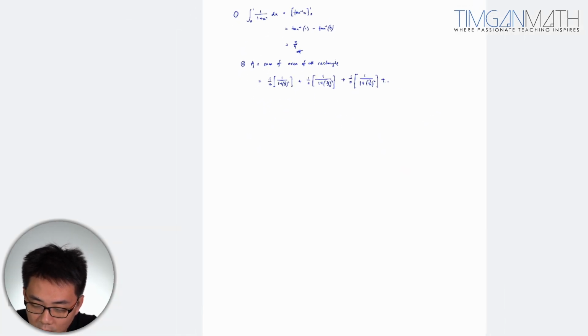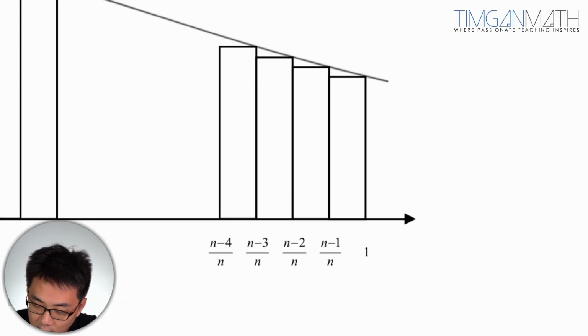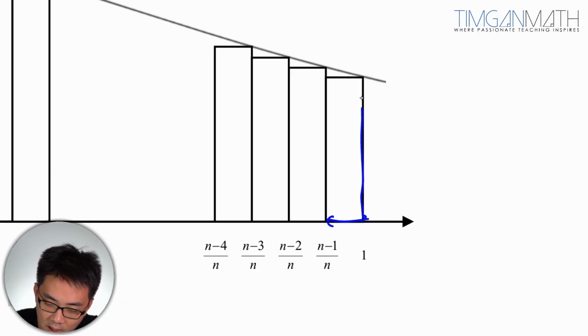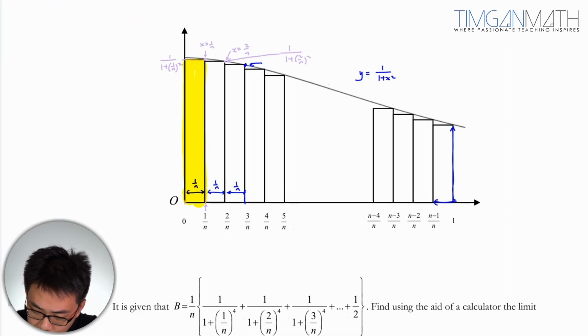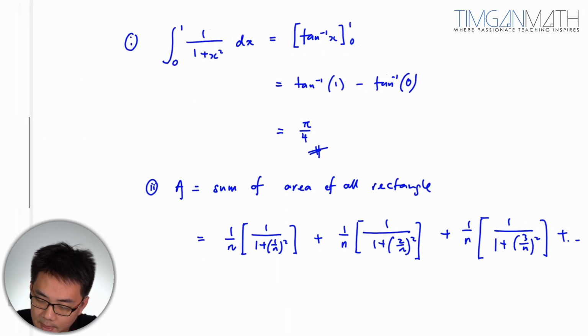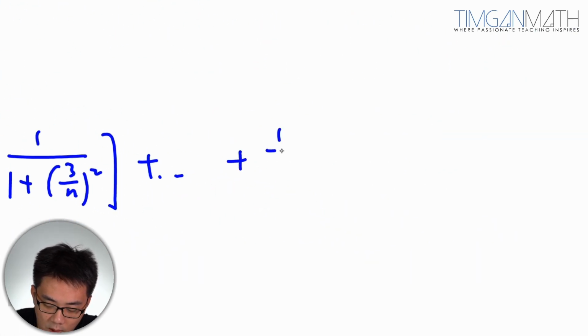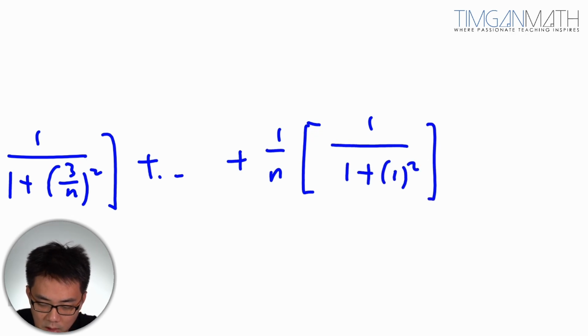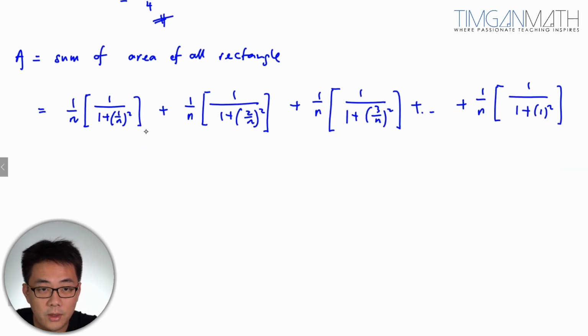And so on. The last one has the same width, but the last height is 1 over 1 plus 1 squared. So the last one will be 1 over n times 1 over 1 plus 1 squared. They all have the same width but different heights.